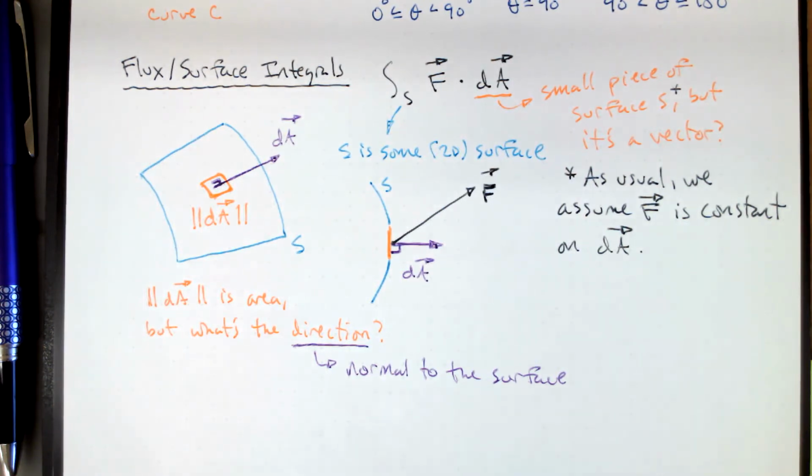We're integrating over S, F dot dA. dA is going to be normal to the surface. The vector field, we're going to imagine F flowing through the surface.